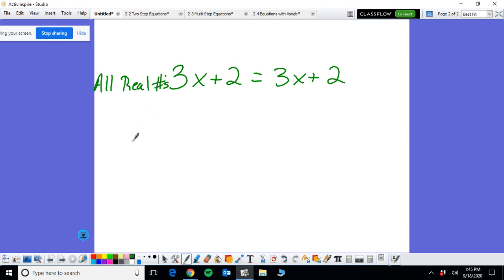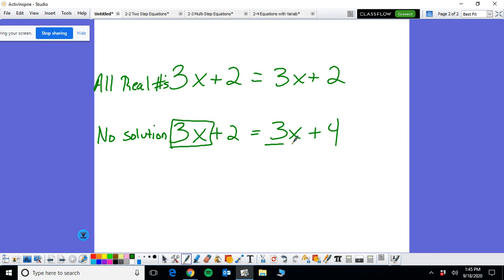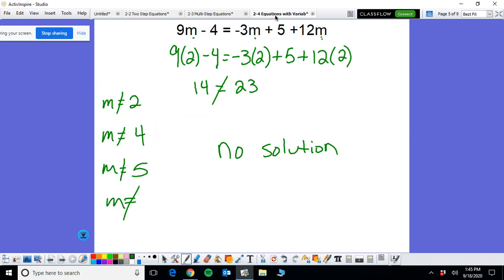If you get 3x plus 2 equals 3x plus 4, this is no solution. If you recognize them early on in the problem, you can stop right when you get to these steps. You see that these are identical in these problems, and you're like, okay, it's one of these special cases. So take a look, watch out for those. They happen, but they don't happen often.